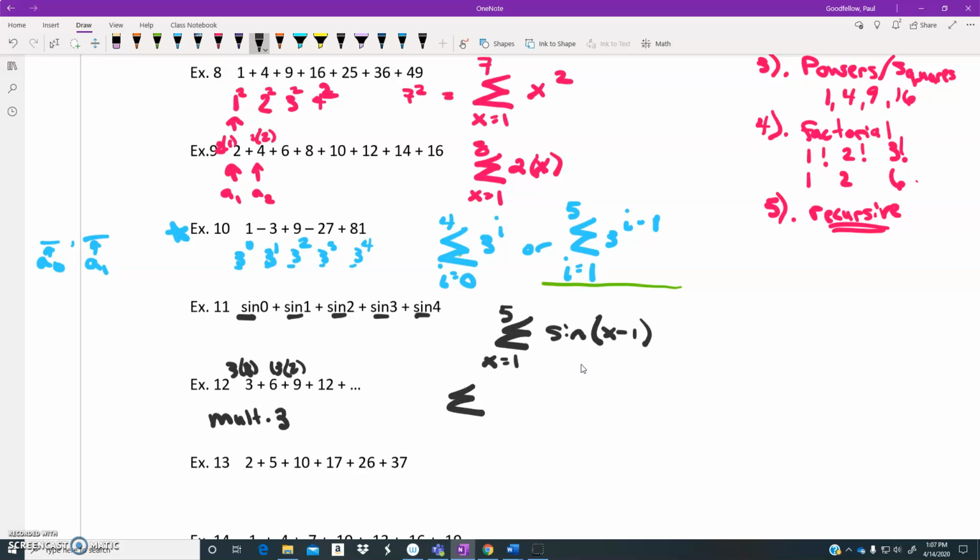Sigma is from n equals 1 to, now wait a second. This doesn't have a 2 part to it. You're like, what the heck does that mean? Well, that means that that sequence goes on forever. So that would mean that the upper range of the sigma is infinity. It goes on forever. And the notation here would be 3 times each term, oh, it's 3 times n. And that would be the summation there.